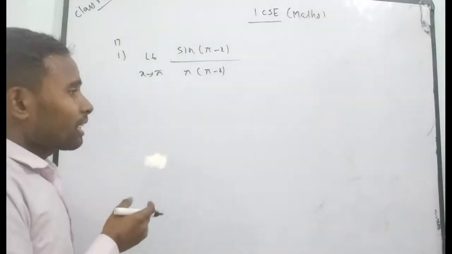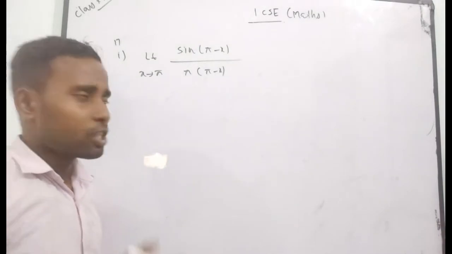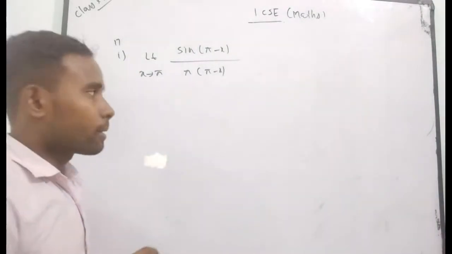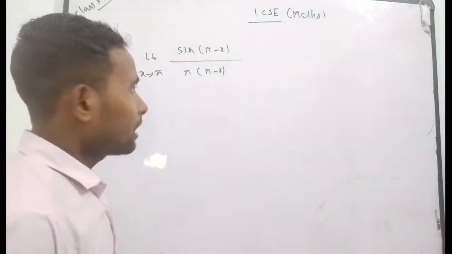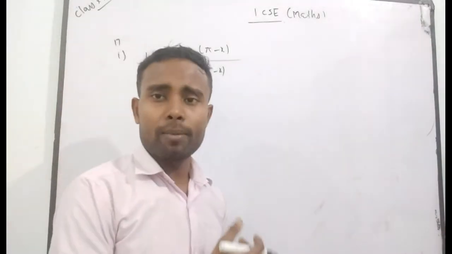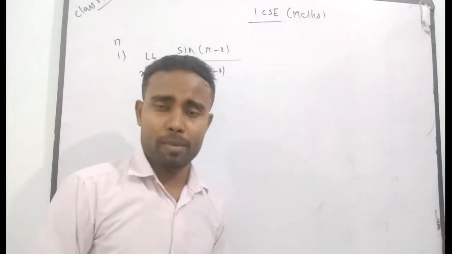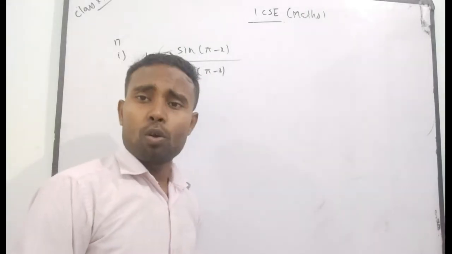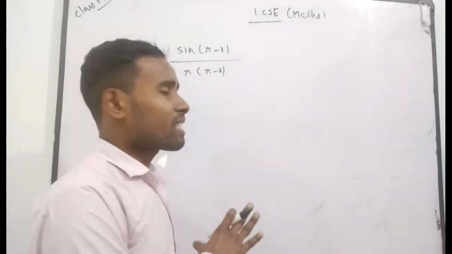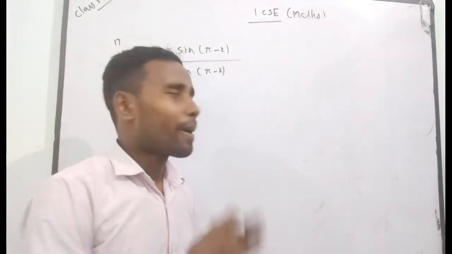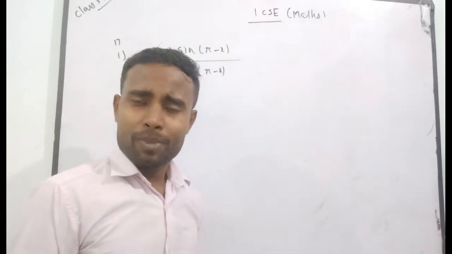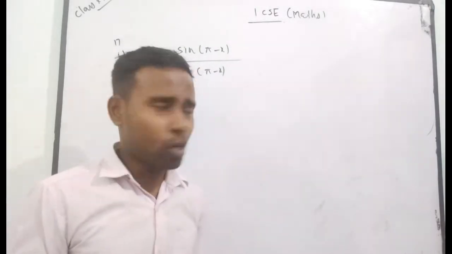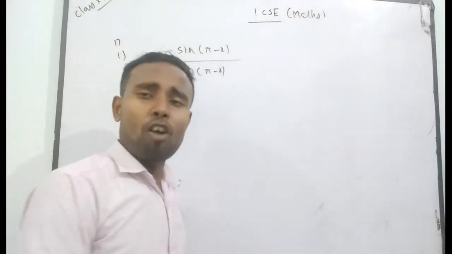There are two processes by which you can solve this problem. Firstly, I want to give you the first method. I have already told you, in this problem it is given that you have to evaluate the following limit. So the limit definitely exists. If the limit exists, then you can find it by the direct method or by evaluating the LHL or RHL.